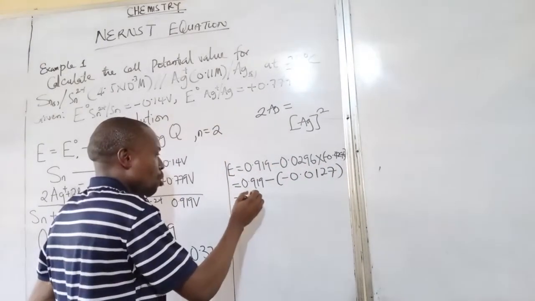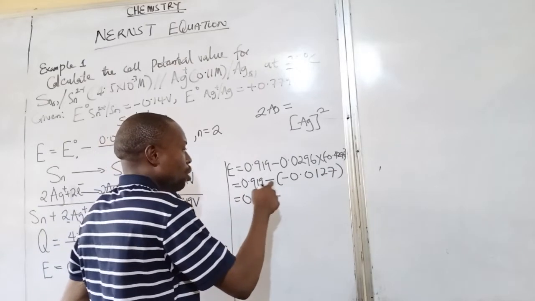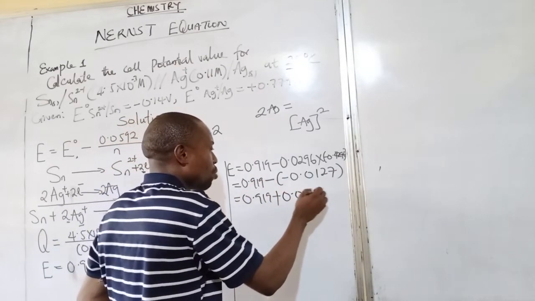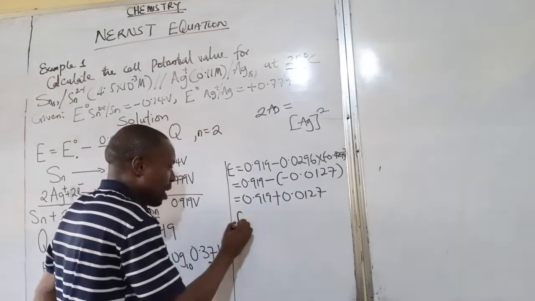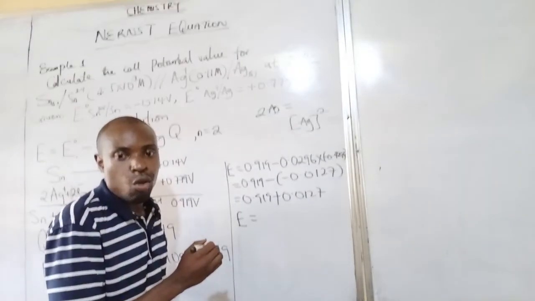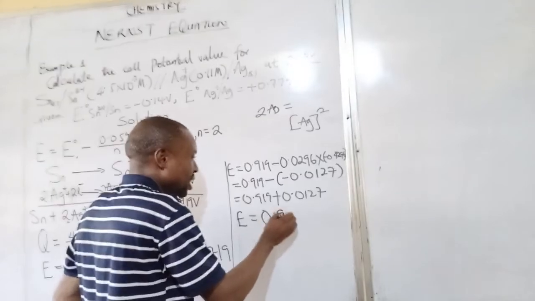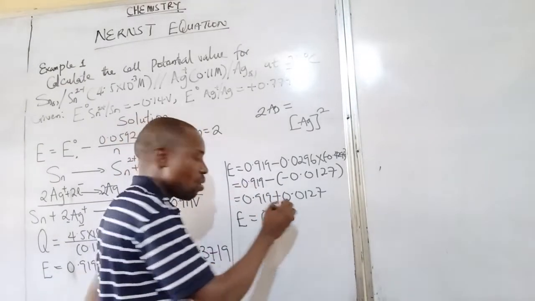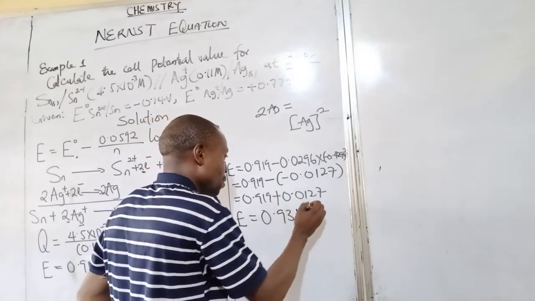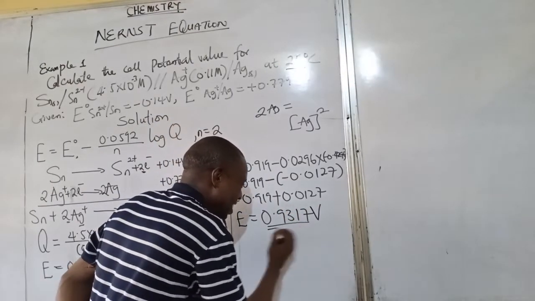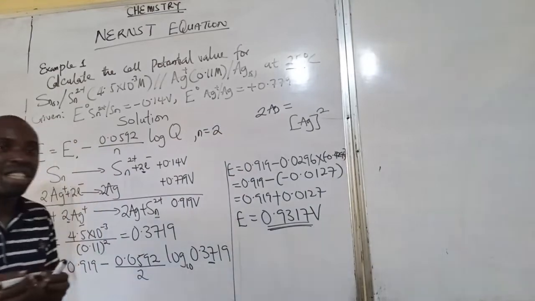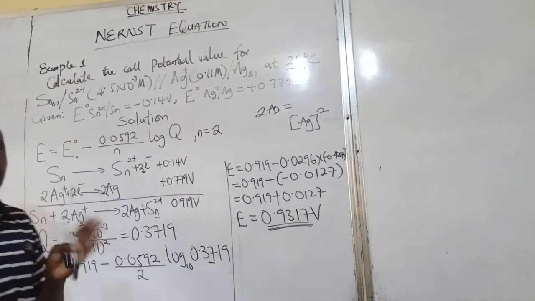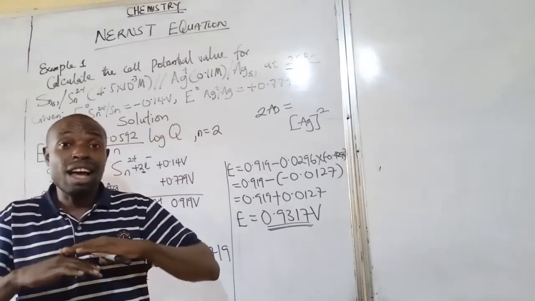You are aware that minus and minus will give us plus, so that gives me 0.919 plus 0.0127. The final answer of E should now be equal to 0.9317 volt. That is the final answer. You will begin to see that it is as easy as it is. Very simple. Follow the rules, and that's how you get it clear.